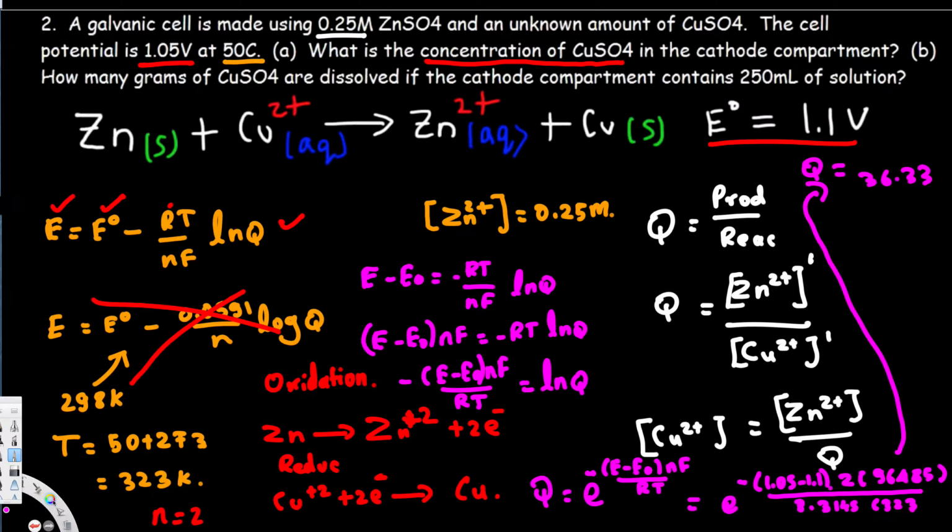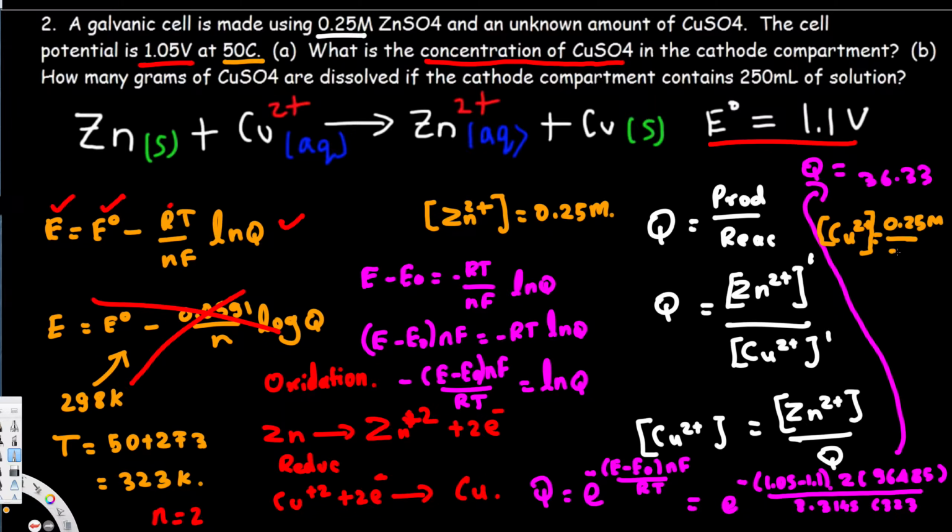Cu2 plus is basically Zn2 plus over Q. Now Zn2 plus is provided in the question, 0.25 mole per liter, and then we have to divide this by this Q value to calculate this concentration of Cu2 plus.